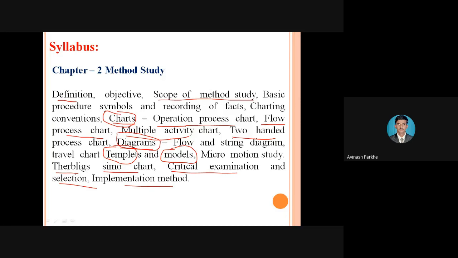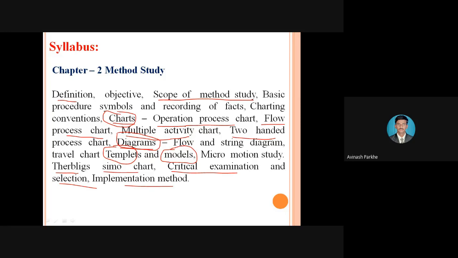Through these recording techniques we can track that particular man, machine and material. Because while converting the raw material into finished goods, the three input resources, man, machine, material, play a very important role.